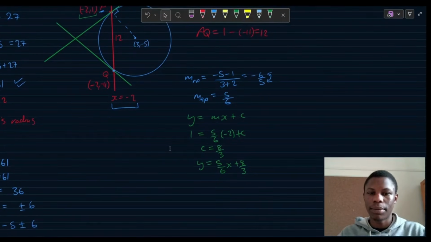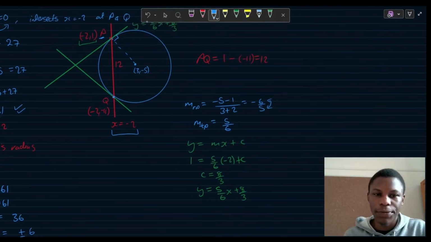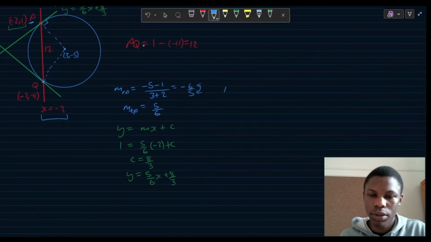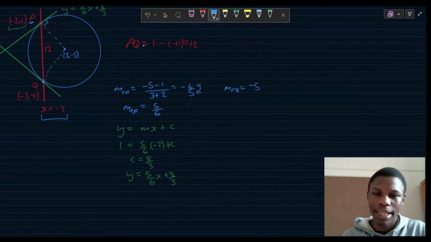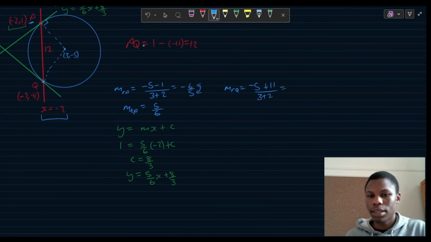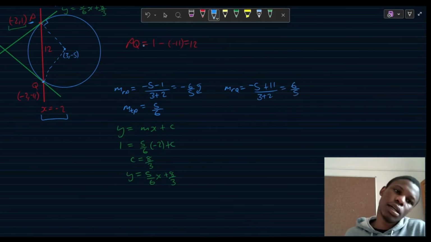Now we need to do the same for the other tangent. So first get the gradient of the radius to Q. So we want the gradient of the radius to Q. This is equal to change in y, so -5 minus 11 over 3 minus -2. So 3 plus 2, which is equal to, this is 11 minus 5, so this would be, okay, 6 over 5.